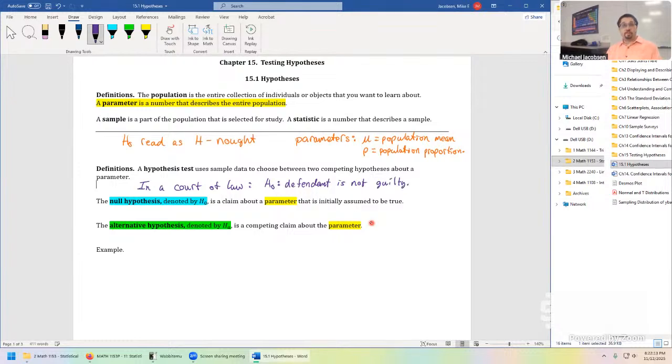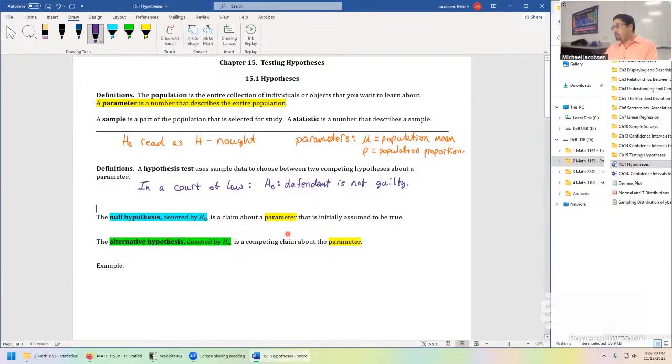And what do we do in a court of law in the US justice system? We assume in the entire proceeding of that court, the defendant is in fact not guilty. It's taken as a direct logical assumption. So we'll say here, H naught is assumed true.